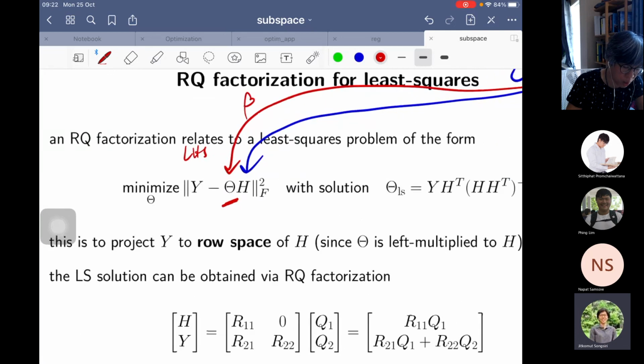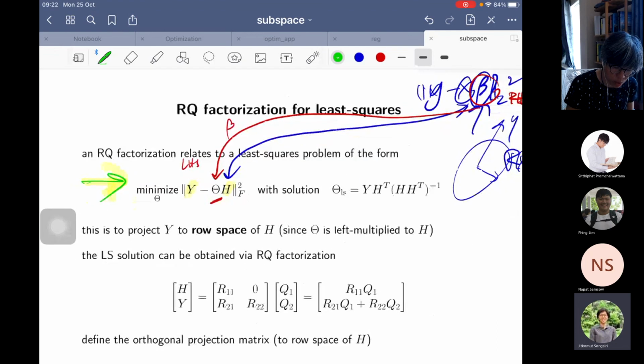Here the problem is that Y and H are given. These are matrices. Y is going to be your measurements. H is going to contain both y and u. If you look at the multivariate vector AR equation, you will end up with this formulation.